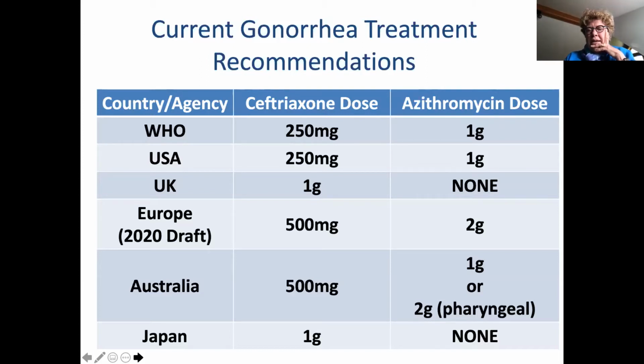This was discussed a lot at the STD treatment guideline meeting, and there's anticipation that it may change. And as you can see, in some cases where you use higher ceftriaxone, like Japan and the UK, they're not using azithro.